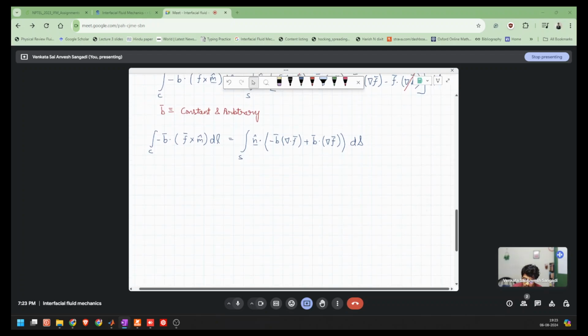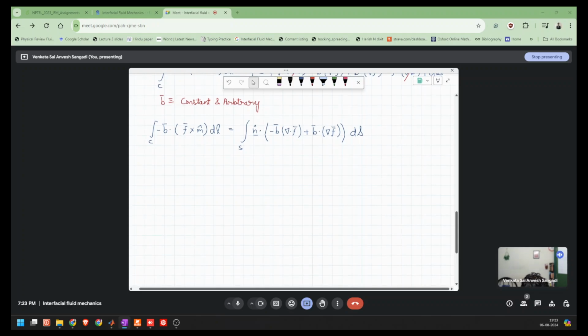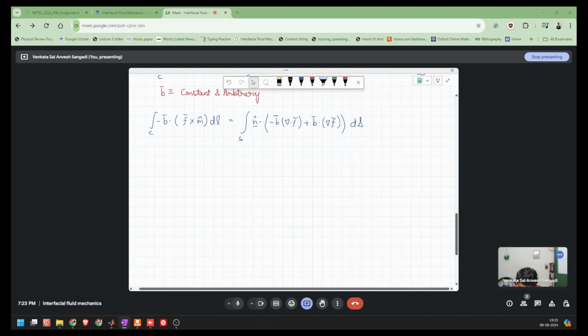Now, as B vector is arbitrary and constant, we can get it out of the integral.